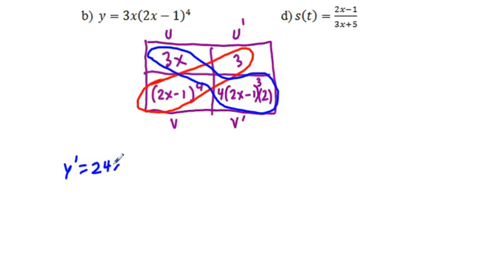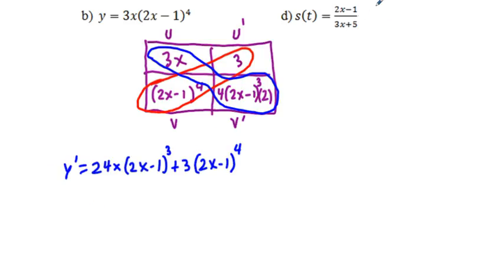So we have 24x, and then we have quantity 2x minus 1 to the third power, and now this circled in red is going to be plus 3 times quantity 2x minus 1 to the fourth power. And that's as simple as we can make it.